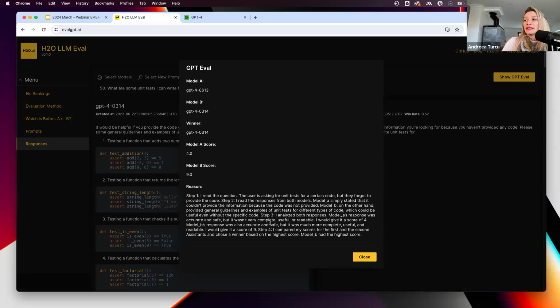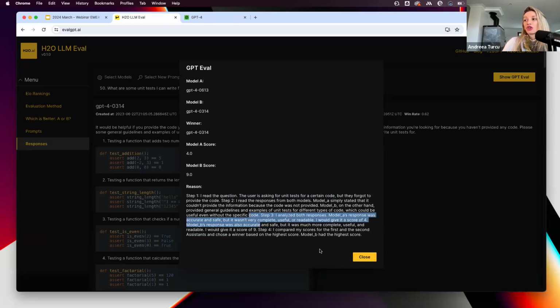So here, let's see. Model A's response was accurate and safe, but it wasn't very complete, useful, and readable. I would give it a score of 4. Model B's response was accurate, but it was much more complete, useful and readable. I would give it a score of 9.